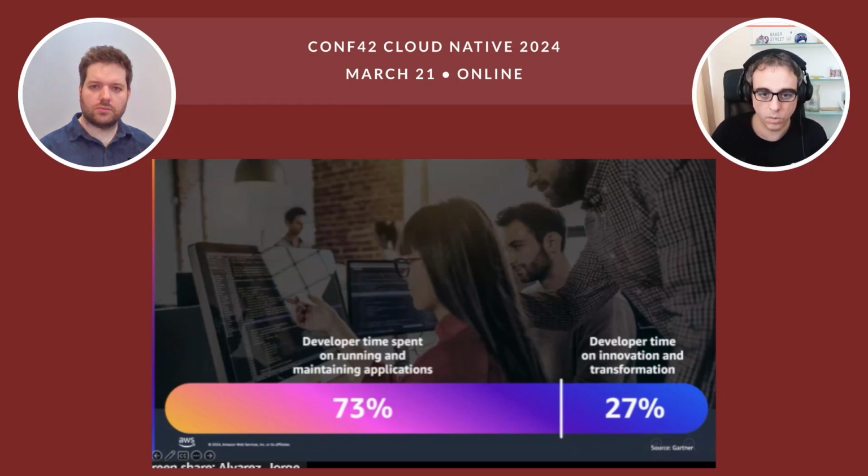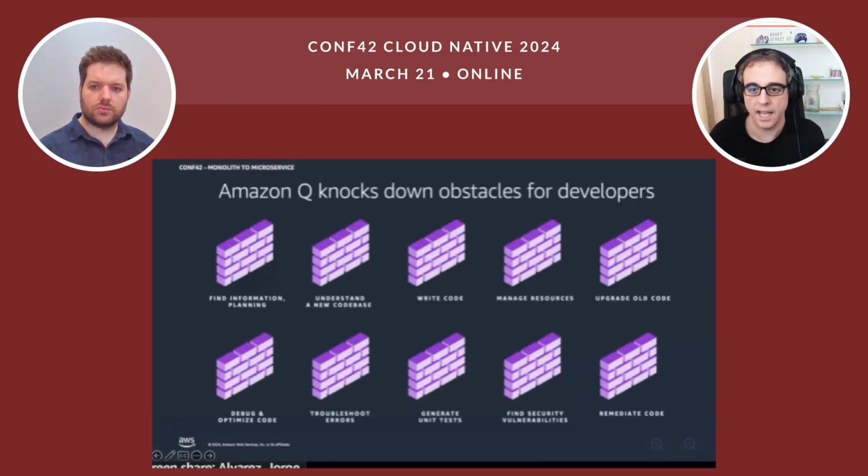But how can Amazon Q help in that journey? Well, developers face multiple challenges. For example, they face how to manage the resources. They face issues about how to write the code, understand all that code, or even upgrade it. All of these are like brick walls that developers have to pass every day.